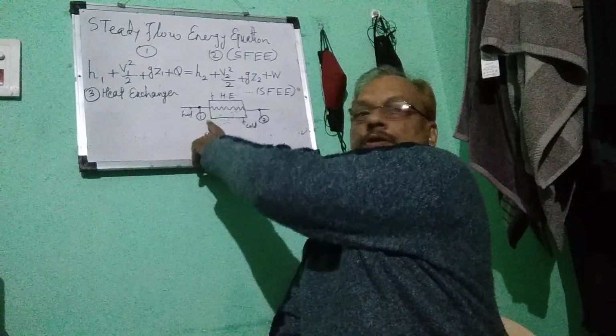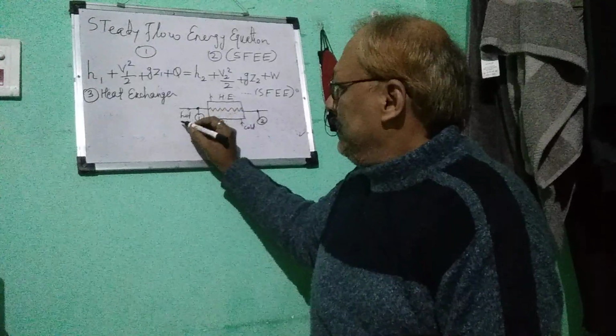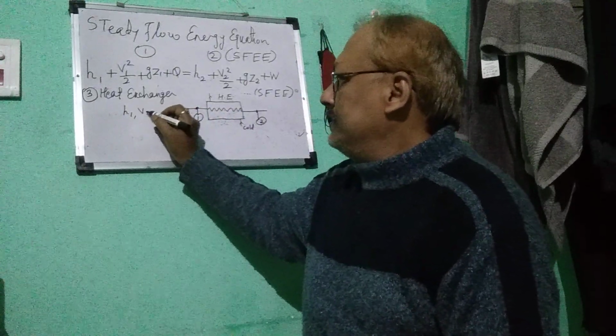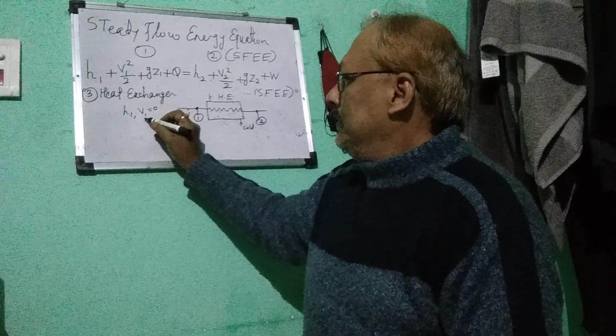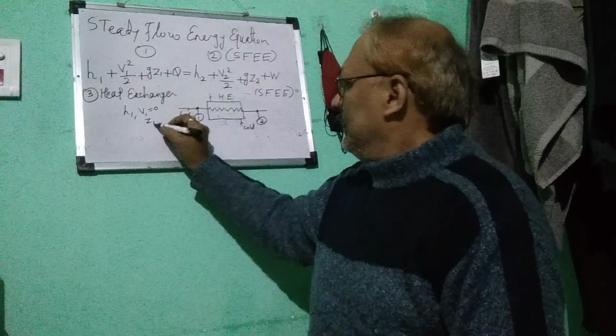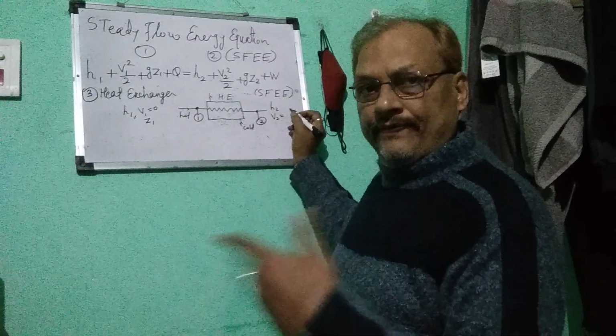Before the heat exchanger the point is 1, and after the heat exchanger the point is 2. Here H1, and definitely V1 is 0, and Z1 equals Z2. V2 is also 0, it is simply pipe flow.